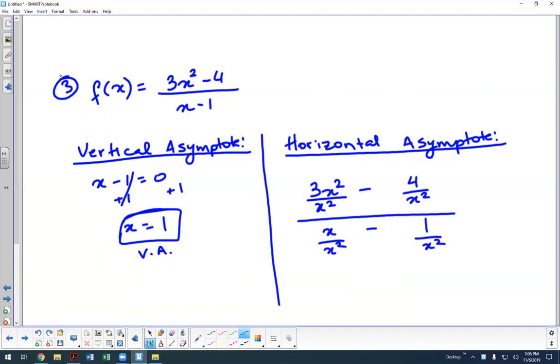We'll get 0 in the denominator, okay? Because these guys will cancel out, leaving us behind with the 3. 4 over x squared will, of course, go to 0. 1 over x squared will also go to 0. For that matter, the degree on the numerator is less than the degree on the denominator, so this guy is also going to 0. So technically, we now have 3 minus 0 over 0 minus 0.